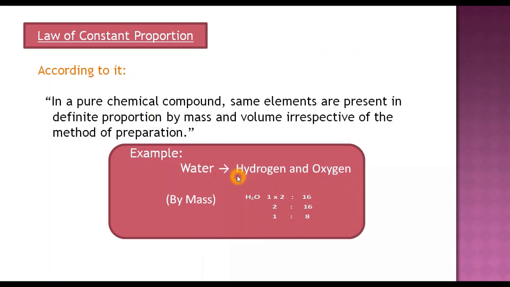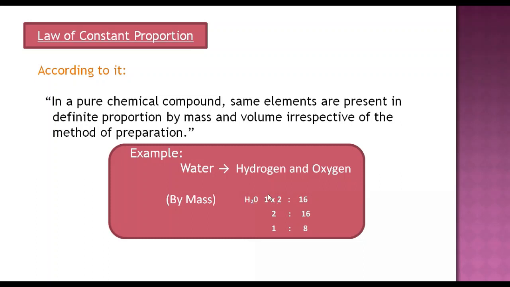Now see, if we talk about the mass of water, that means the combination of hydrogen and oxygen. And if we check the proportion of hydrogen and oxygen, two atoms of hydrogen are present in the water compound, right?